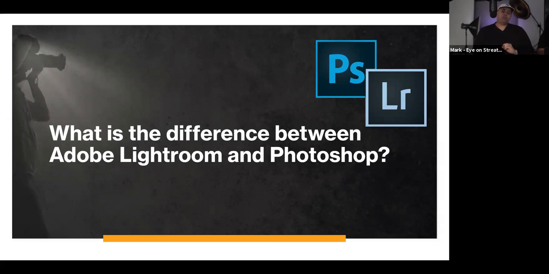I also shoot tethered in the studio. So I shoot with Sony cameras, other brands are available. But one of the nice things about shooting tethered, especially in the studio environment, is you can see the images come up as you go along on a nice big screen. You can make adjustments and so forth. So if you're shooting portraits, it means you've got a better chance of getting it right first time.